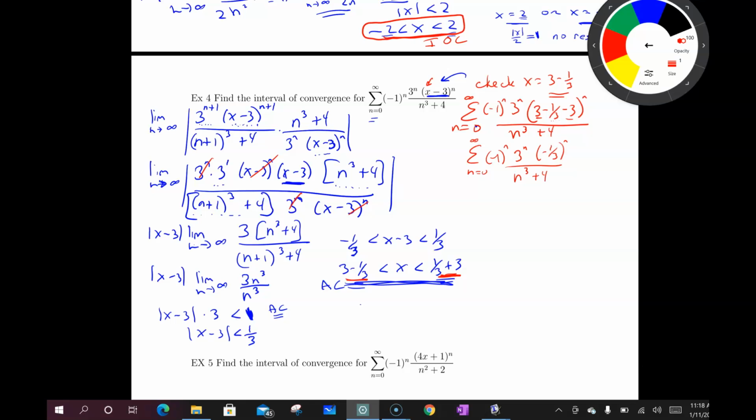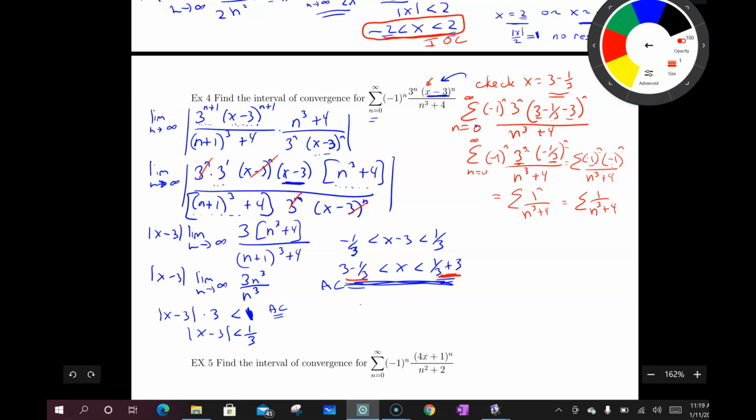Here I have terms to the same exponents, so I'm allowed to multiply their insides, correct? So carry along this negative 1 to the n. This times this gives me a negative 1 to the n. These two, because they have the same exponents, I multiply together, so this gives me 1 to the n. And you know that 1 to the n is just 1.